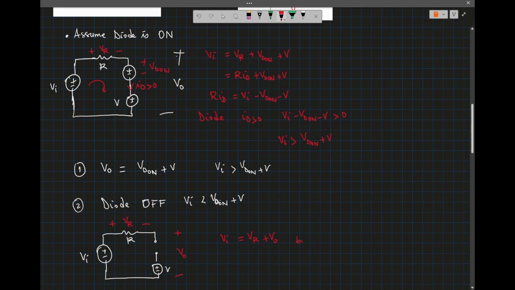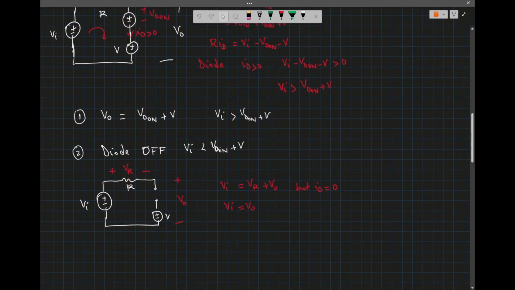But the current ID equals 0, so that means VI will be equal to V0.